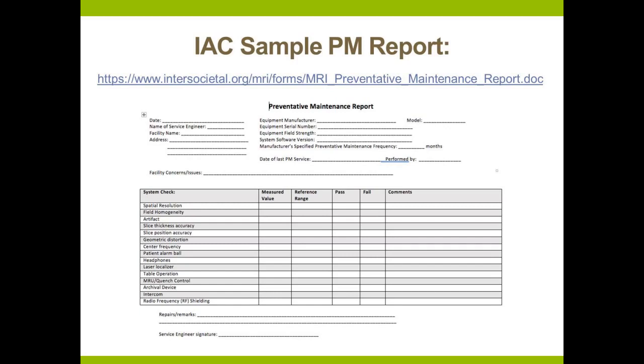So what you will find if you look at this report is something that lists out a great deal of information, some of which may be included, some of which may not be included when you receive a vendor-issued preventative maintenance report. This report has spaces for all of the elements that I've been describing. So whether or not all this information is collected in one place, this is a template for a way to do that.